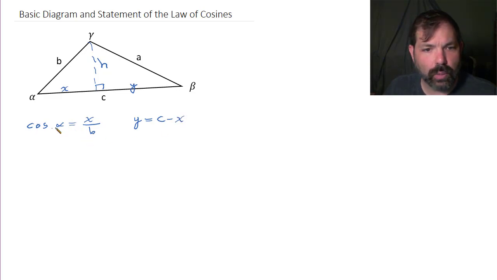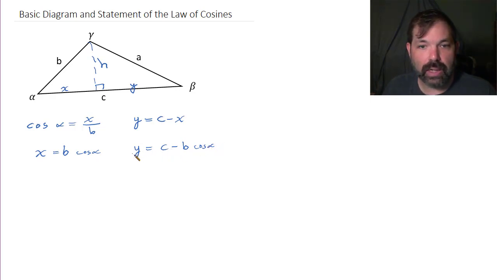Going back to the first equation, if cosine alpha is x over b, then x is equal to b times the cosine of alpha. And so I can use that here for y: y is equal to c minus b times the cosine of alpha.